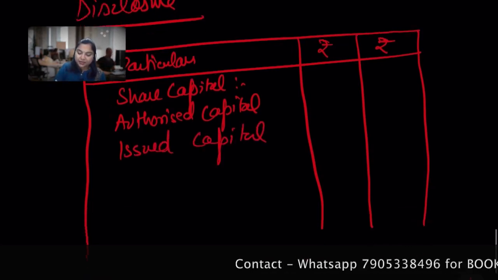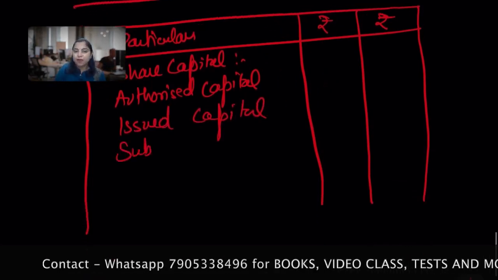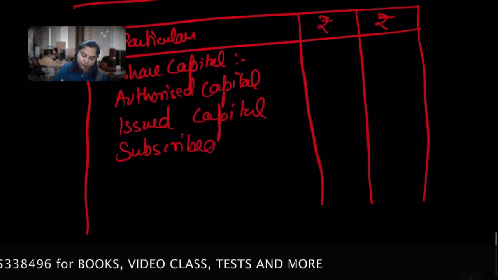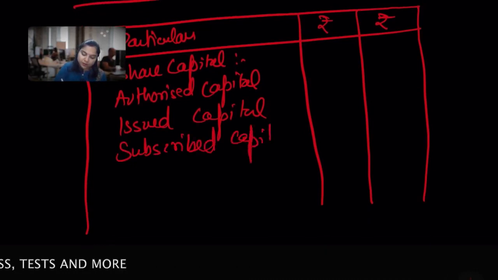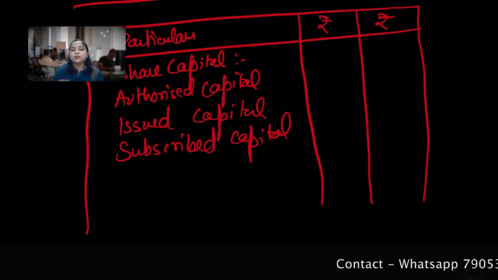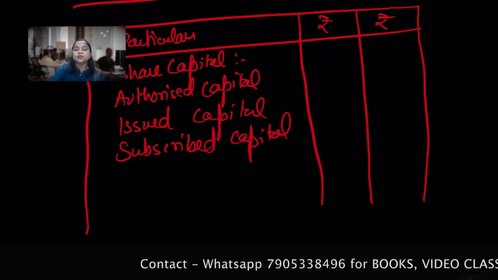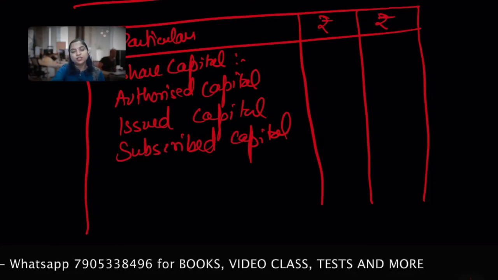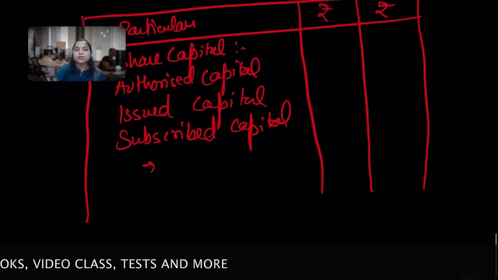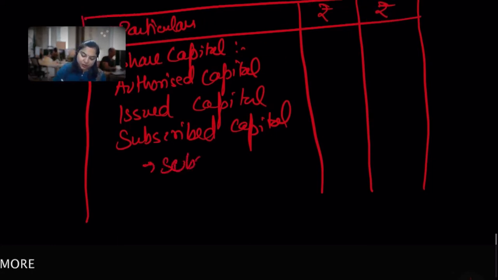Issued capital, again it's on equity shares or preference shares, divide each. Subscribed capital can be divided into subscribed and fully paid, and again it is divided between the equity shares and preference shares.